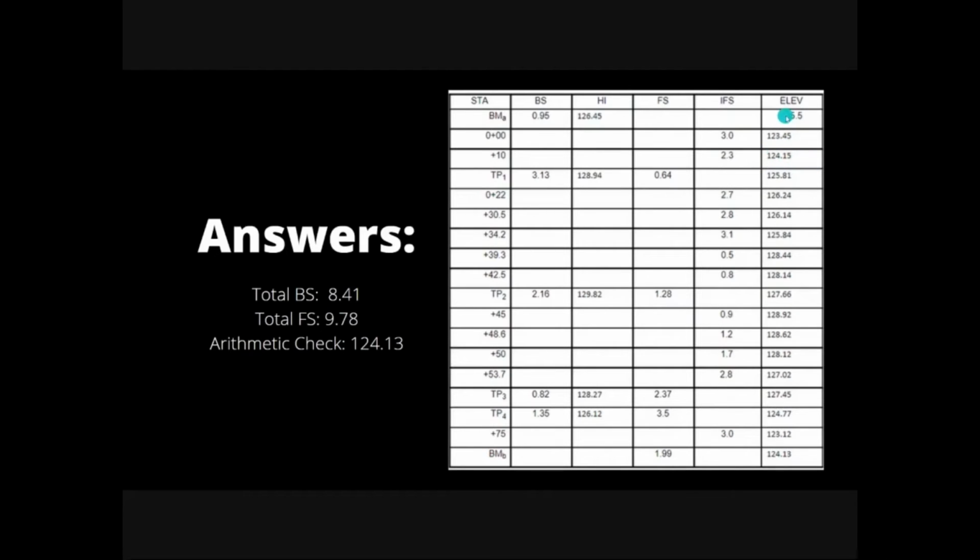Again, to get the elevation value for station plus 10, since there's no new reading, we have to use the value of the height of instrument in the benchmark A and subtract it with the intermediate foresight, which is 2.3. So the result would be 124.15.